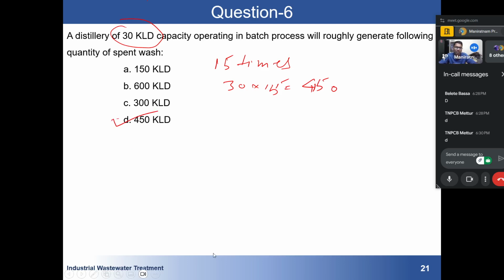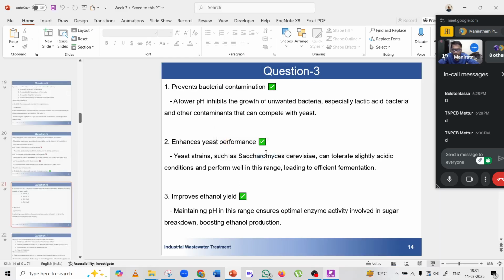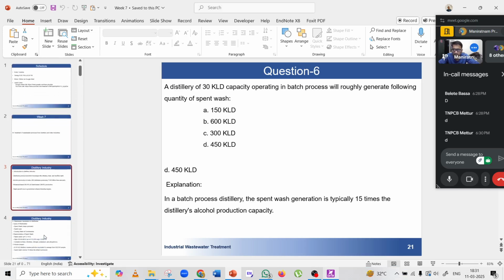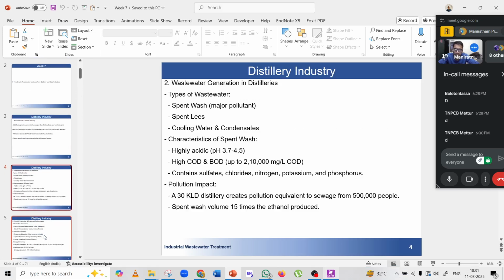This is approximately, and if you have gone through the lecture, you might recall it. You can see here, spent wash volume is 15 times the ethanol produced.